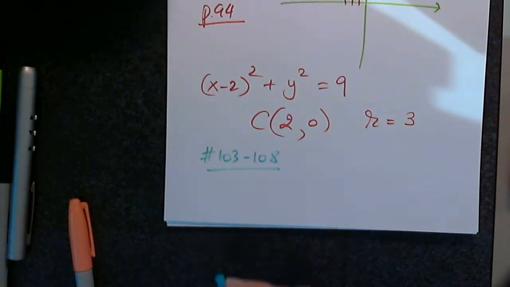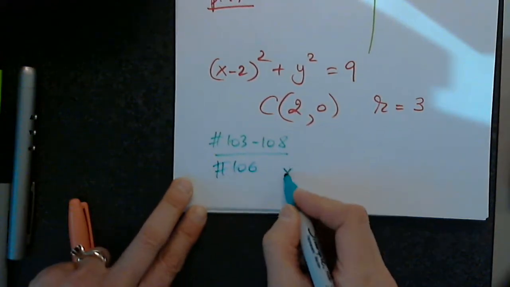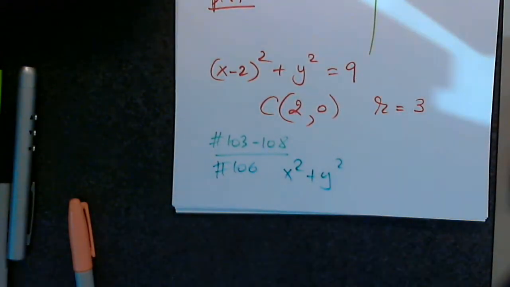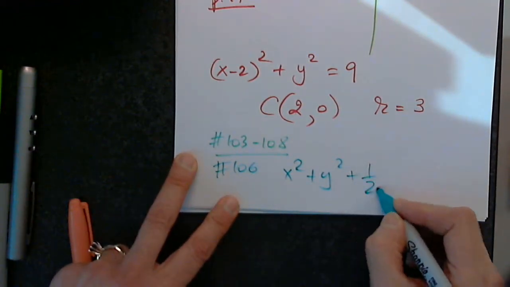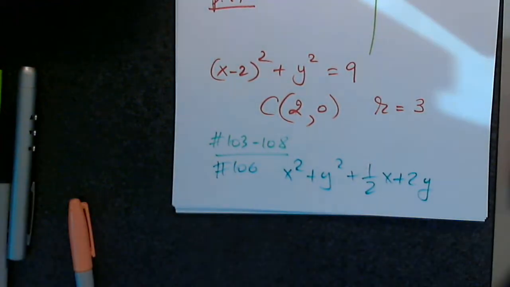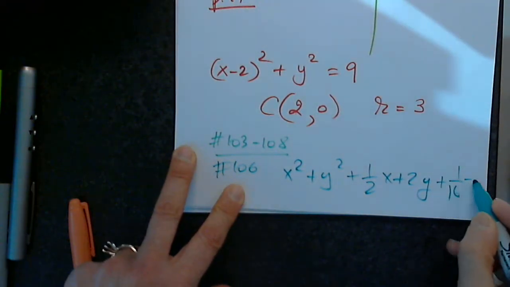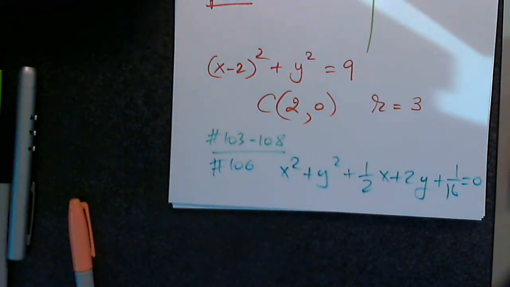So we have x squared plus y squared plus 1/2 x plus 2y plus 1/16 equals 0. Number 106.